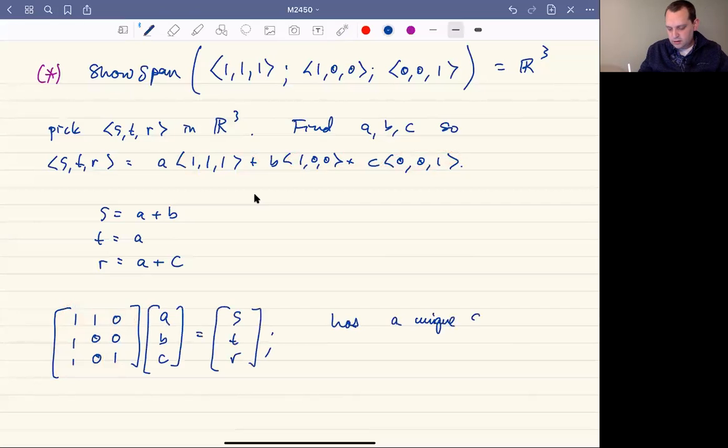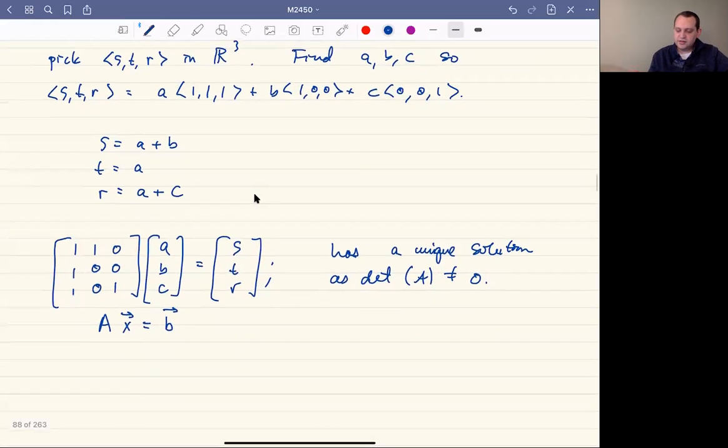And how do we know that? Well, we know that because the determinant of A is non-zero, where this is our A, this is our X, and this is our constant B. Let me write it as a vector so that it's clear what's going on here.